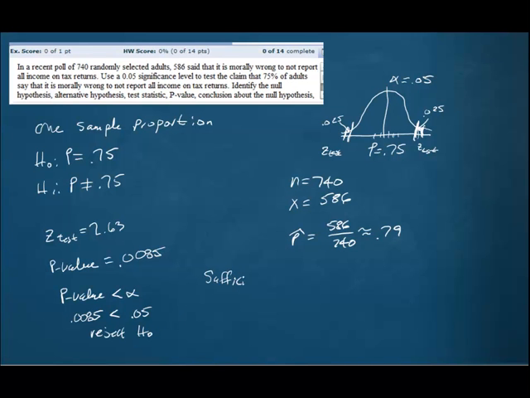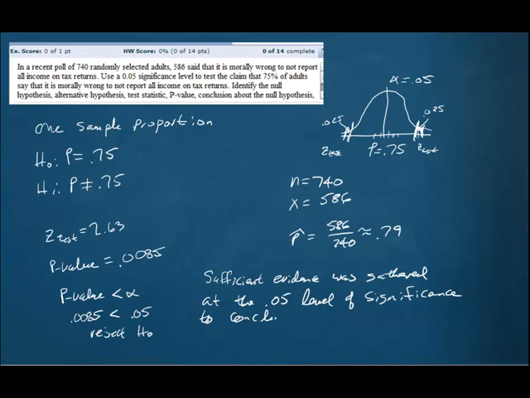Sufficient evidence was gathered at the 0.05 level of significance to conclude that the actual population proportion is not 0.75.